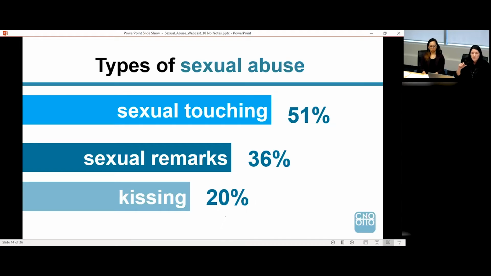I'll just give a couple of examples for the first two on this slide to give you an idea of what that might look like. With respect to sexual touching, one example is a nurse who was observed leaning over the bed of an unconscious patient, touching the patient's breast. In terms of sexual remarks, the most common would be a nurse commenting about a patient's body part in a sexually suggestive manner.